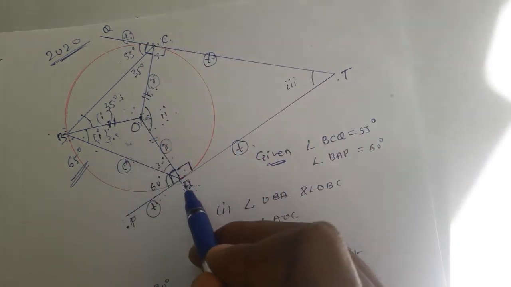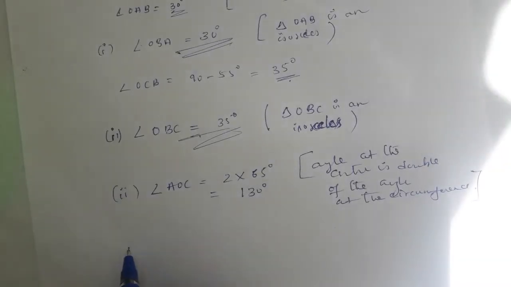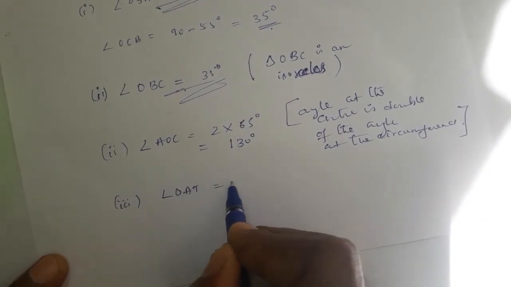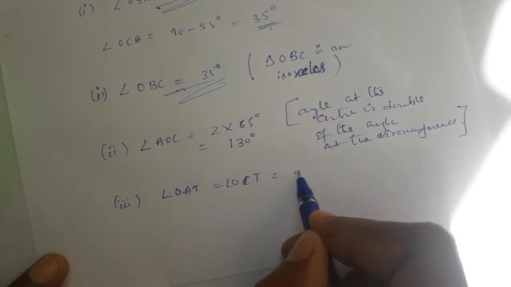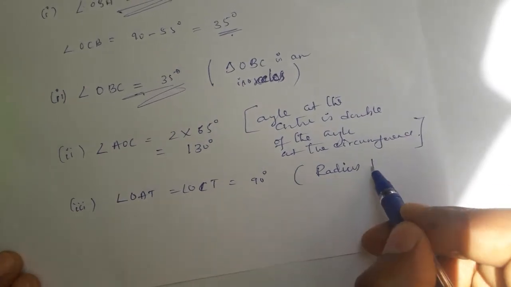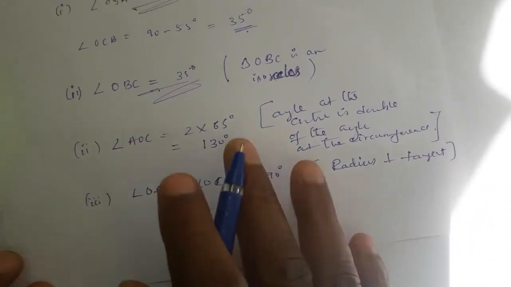Now we write OAT, OCT, both are 90 degree. Third sub question, angle OAT is equal to angle OCT is equal to 90 degree, because radius is perpendicular to tangent. Radius is always perpendicular to tangent.